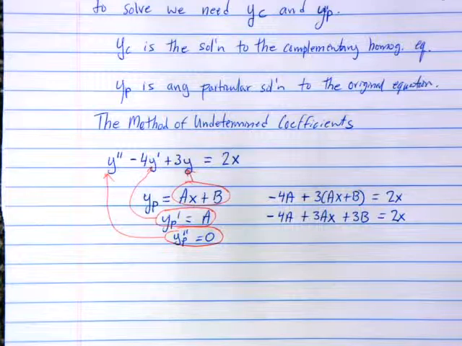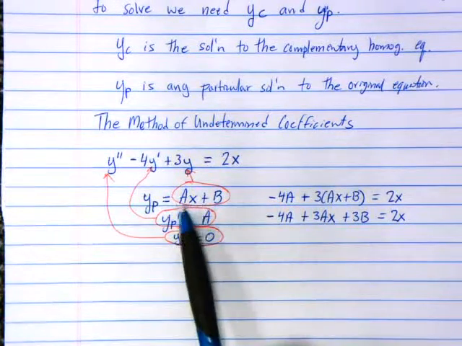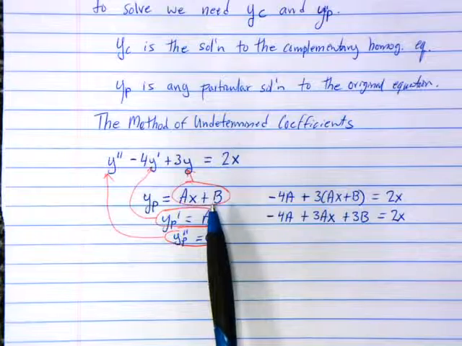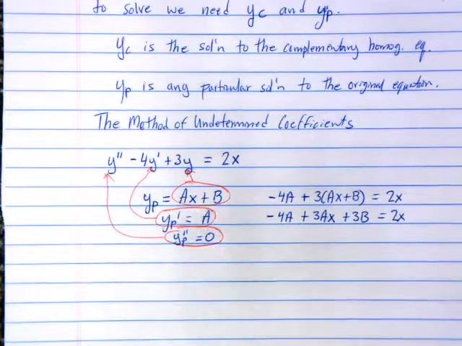And this is why this is called the method of undetermined coefficients. The answer should be a linear equation, but we don't know what the a and the b should be. We don't know what the coefficients are. Well, b is a constant, but close enough. Equate the coefficients. What do you mean by equate the coefficients? Sounds fancy? Take coefficients, that's x, right? And set equal to its right side.